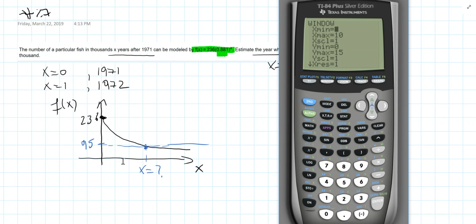And then for my x, I don't really know when this happens, but I can play around with x. Let's see. x is in 1971. Let's go up to 1990. So that means that I'll go for x from 0, 1971. Let's give it 15 years actually. And then for y, I need to go above 236. So let's go to 250.